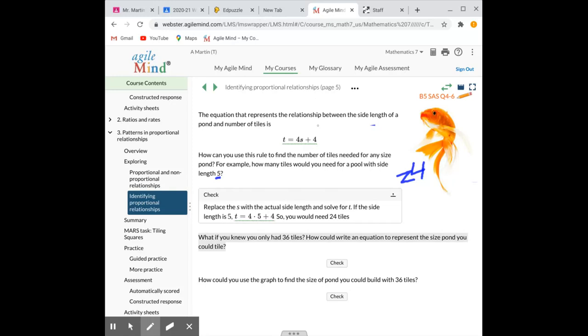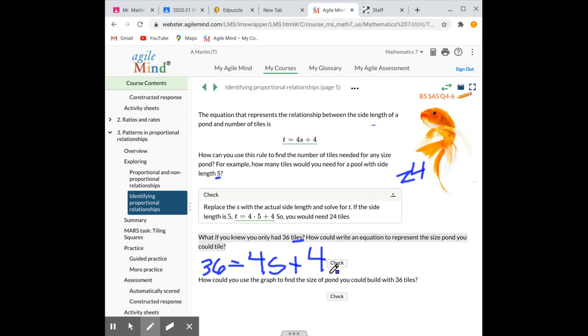Chandler raised his hand. Chandler. 9 times 4. All right, 9 times 4 is 36. But what should T be? 36 is for what? Tiles. So can we say that 36 is equal to 4s plus 4?